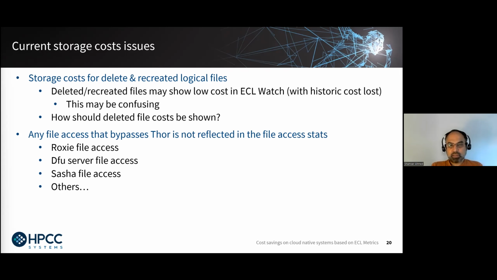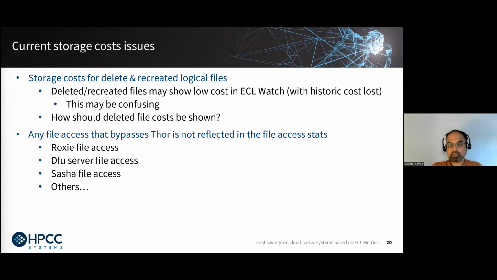So access costs shown for files in the work unit will not necessarily make sense when compared to newly created files. For example, the access cost for the work unit may show a very large access cost, whereas the newly created file will show the access cost since.